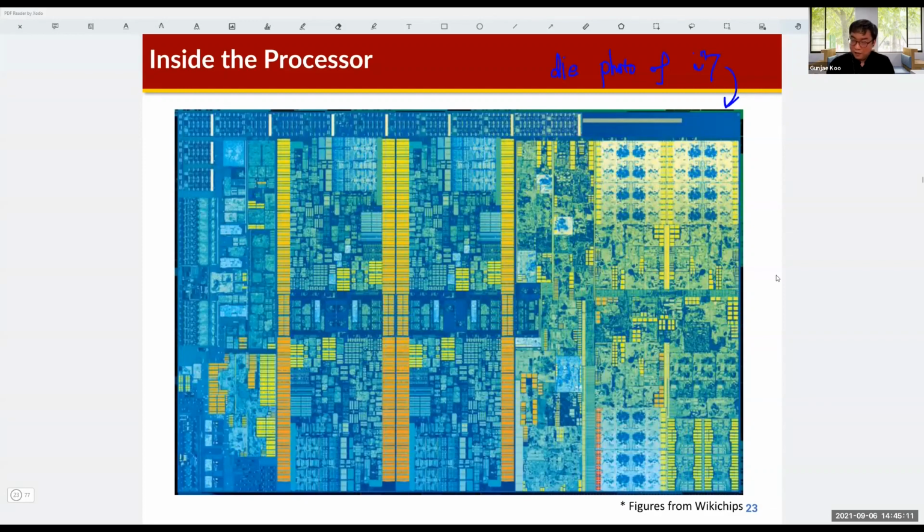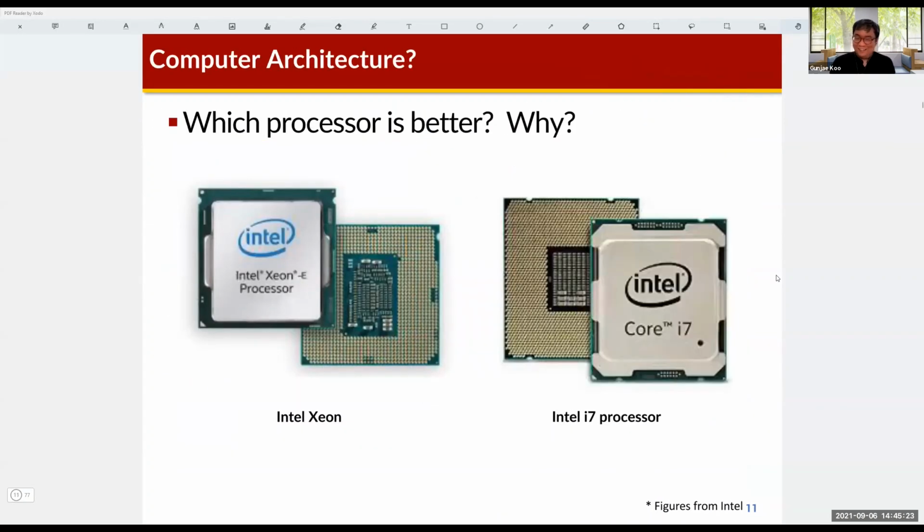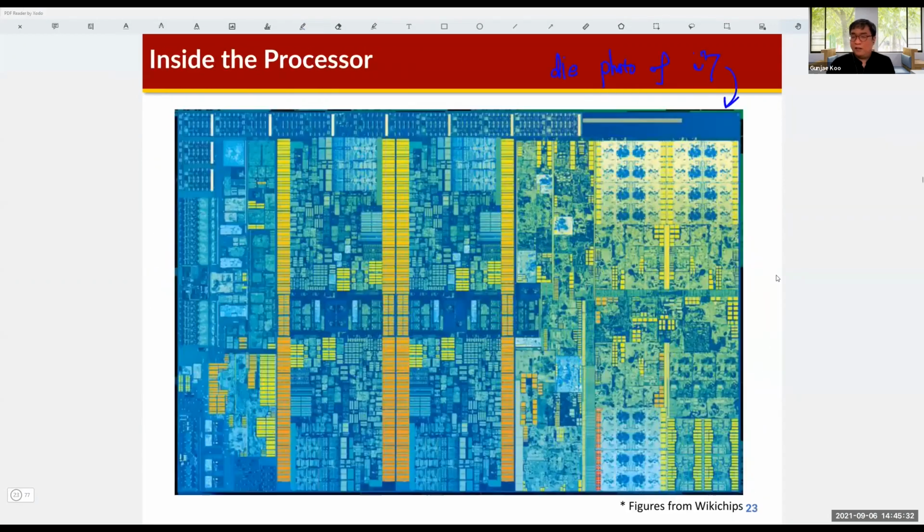So I mentioned a CPU chip. If you just see the CPU chip, it looks like this, okay? This is the CPU chip we can see. And inside of the CPU chip looks like this. The CPU chip is composed of a large amount of transistors.